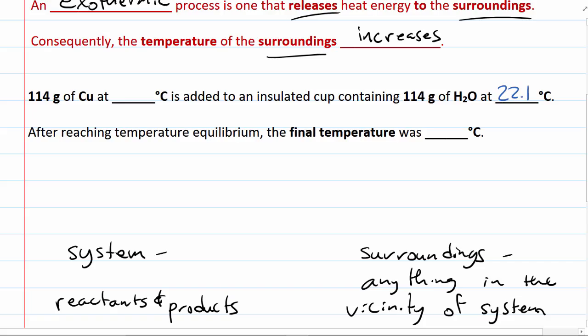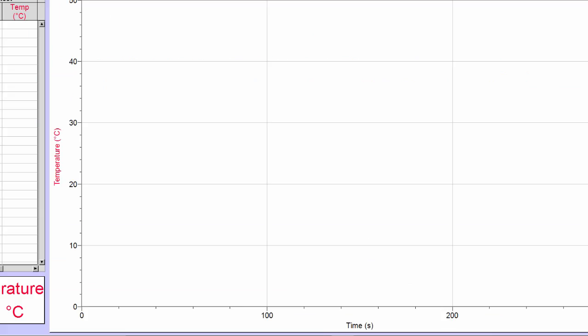So if I come back here now and measure the temperature of the water, and I keep losing the stylus, here we go. Put this back in. We're measuring now the temperature of the water. And again, the temperature of the water should be the same as the temperature of the copper.